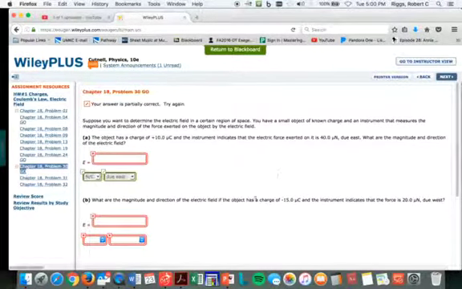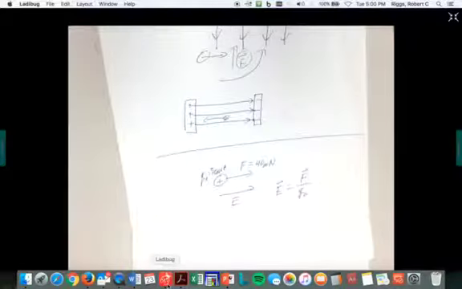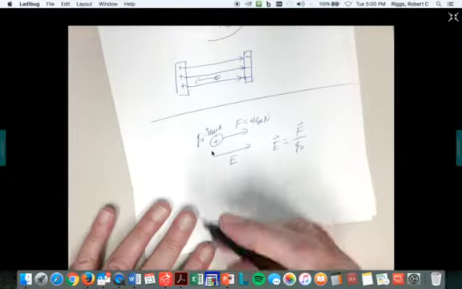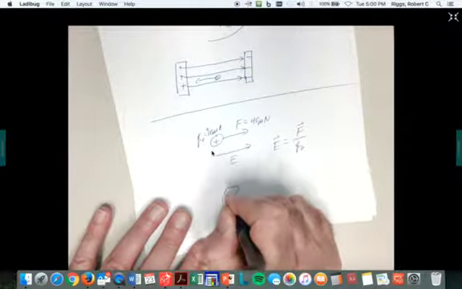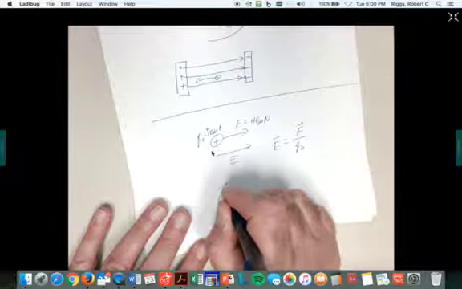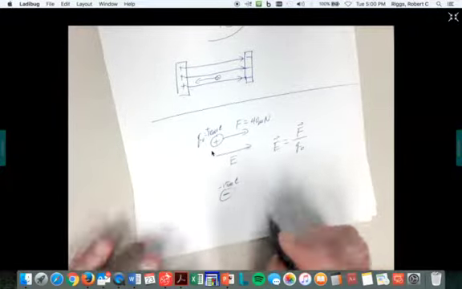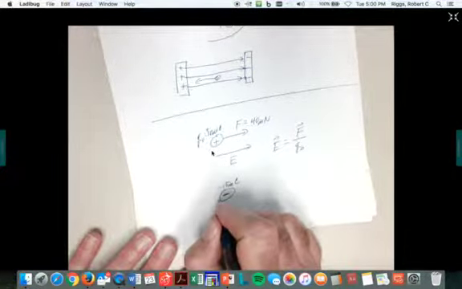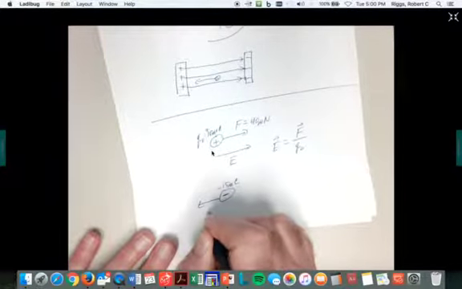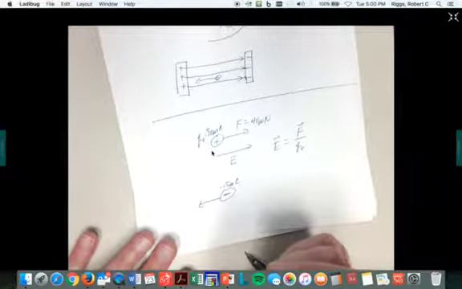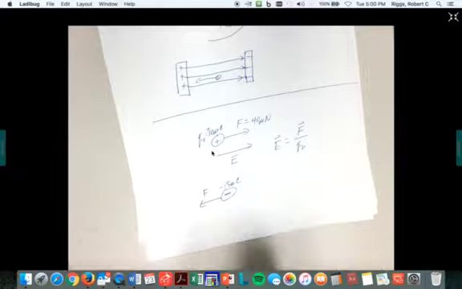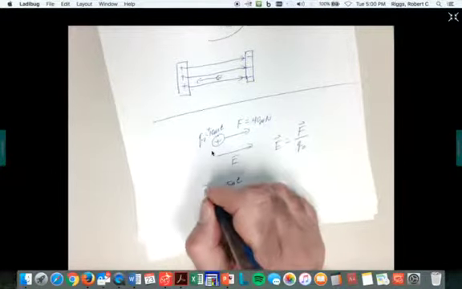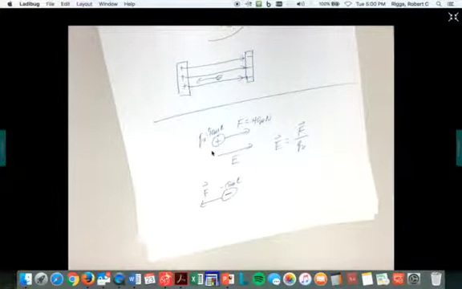Now you all figured this one out. Let's draw it, and then we'll move on. Here it is. Q naught is negative microcoulombs, and it's feeling a force that's due west. Which way is that? The force is going this way. Which way is that electric field going?